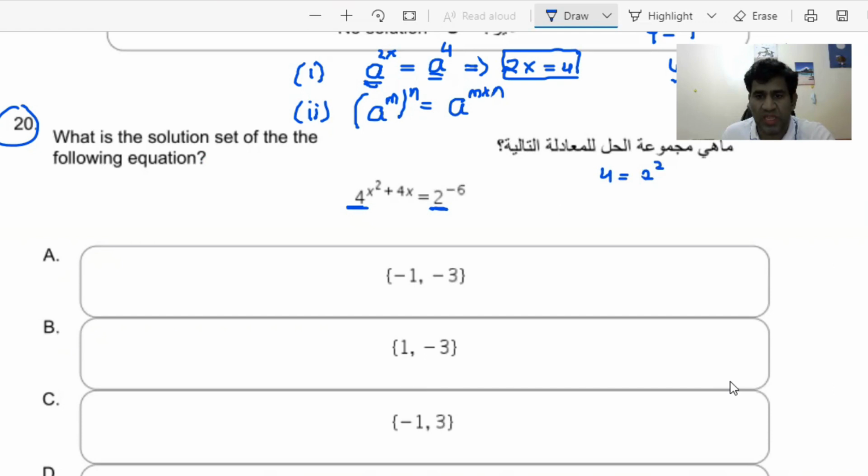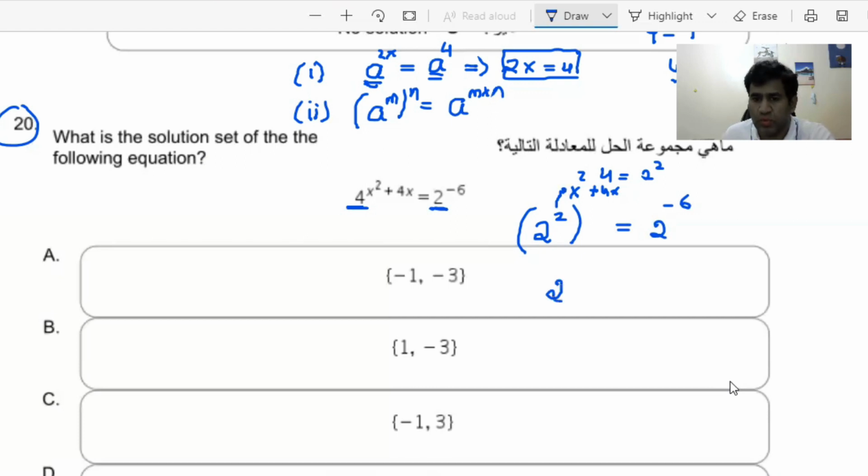Then this expression can be modified as 2 square to its power, whatever the number they have, x square plus 4x, is equal to 2 to the power negative 6. And I told you a power of a power gets multiplied. So consider this is m and this is n. I have to multiply 2 with the entire bracket.